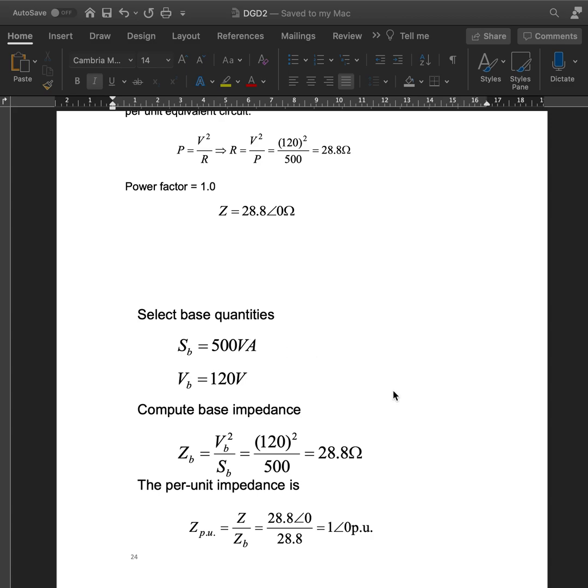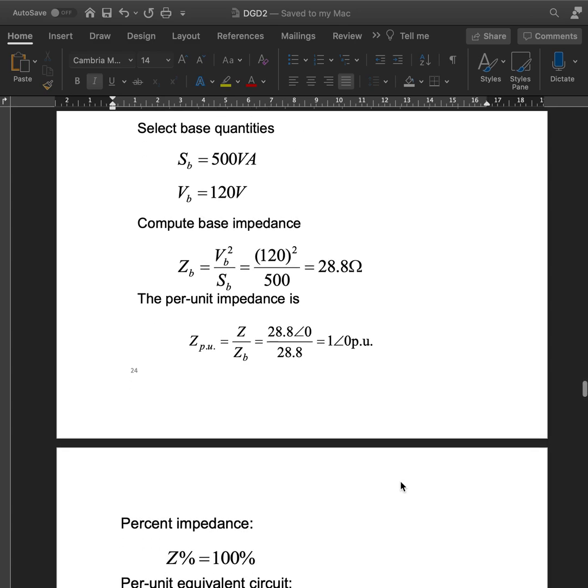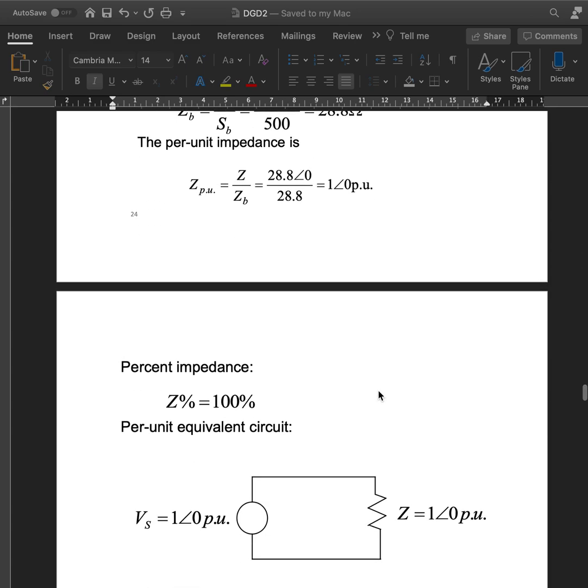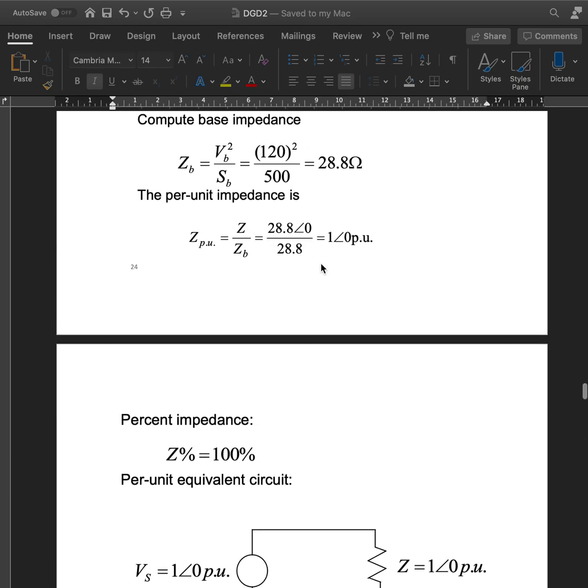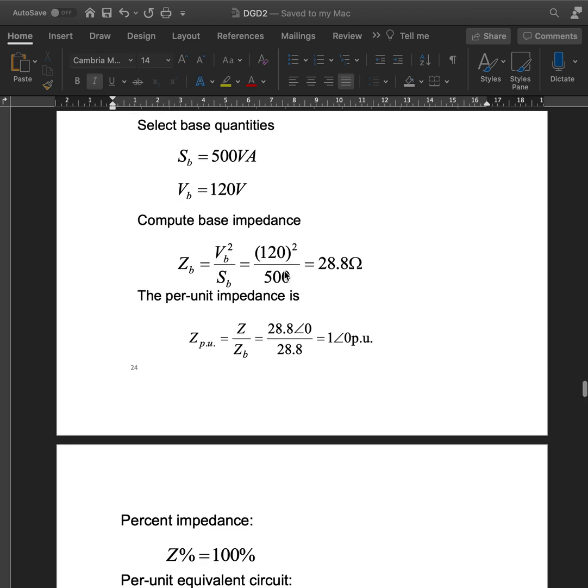So we have 28.8, same thing. And the per unit impedance would be Z over Z base. So we have 28.8 divided by 28.8, which is 1 per unit. So the impedance is 100% at this point. This was the same because this is what we chose as the base.